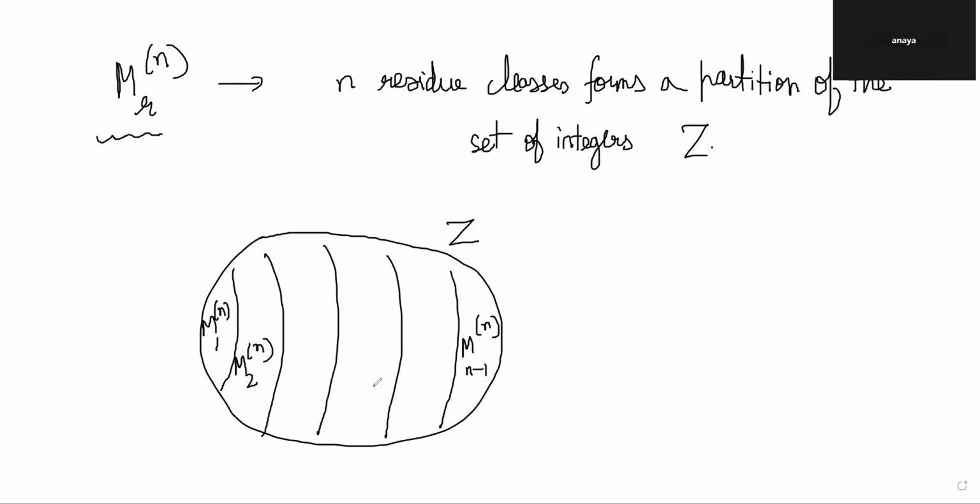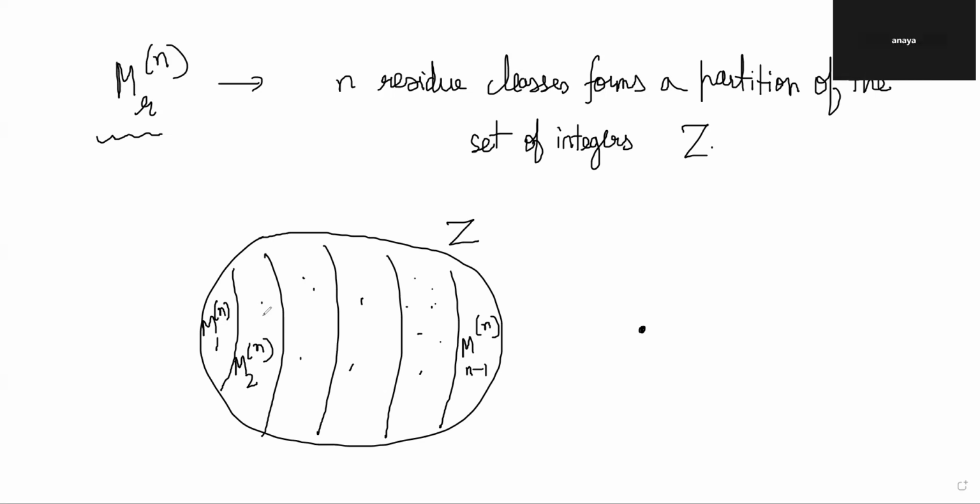What I can say is there is no integer here which is not in one of these classes for sure, right? Right. And all of these classes are mutually exclusive. There's no intersection between any classes, right? Right. And that is what a partition is. Basically, it divides the set completely, and nothing is left over, right?